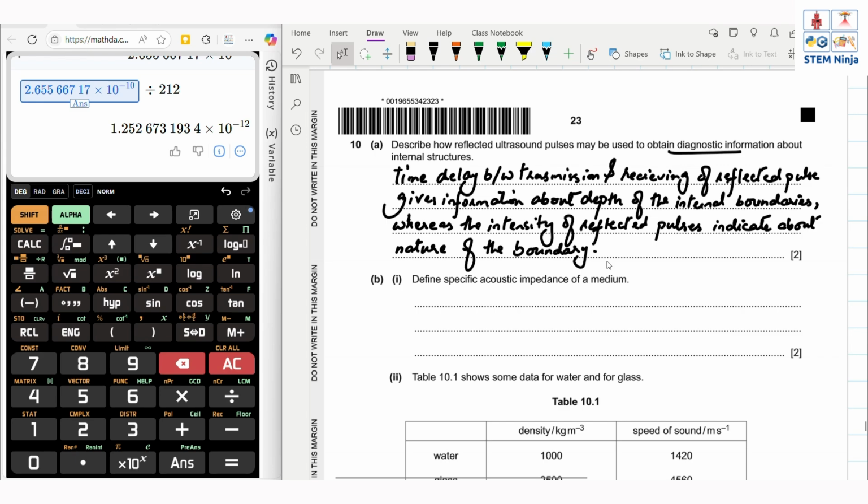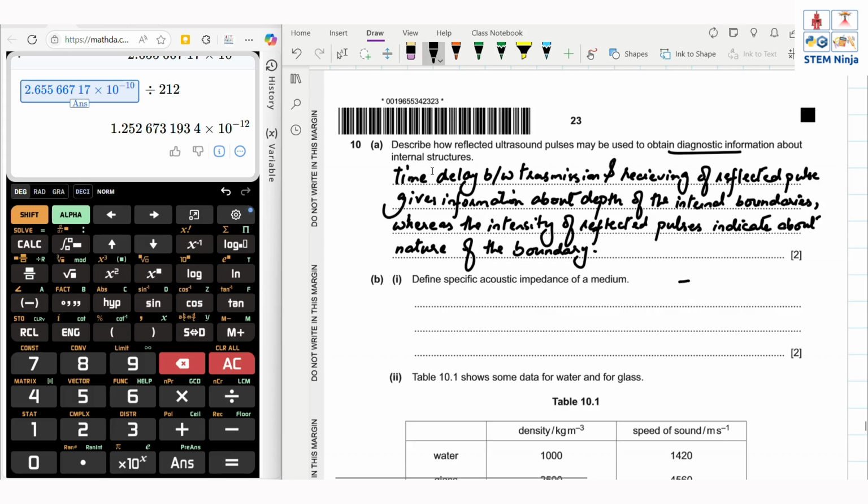Define specific acoustic impedance of a medium. So basically Z is equal to rho C. Rho is the density of the medium. C is not the speed of light, it's the speed of sound in that medium.